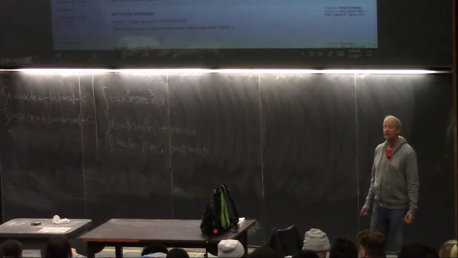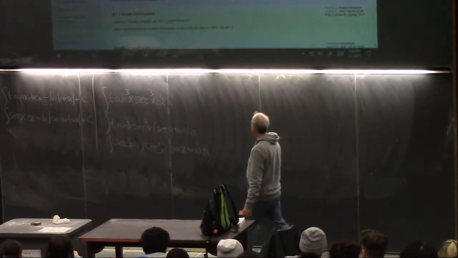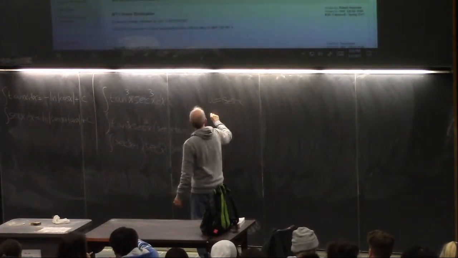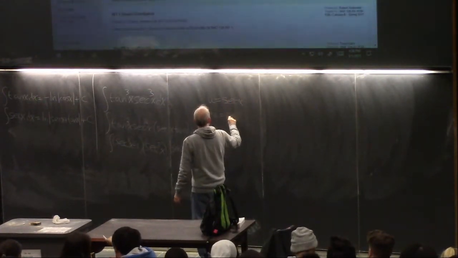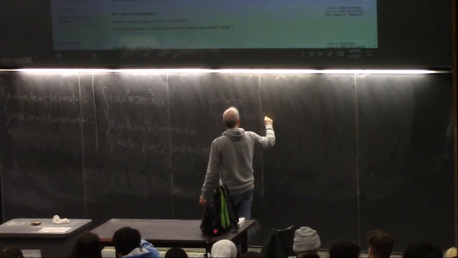So let u equal secant x, and du is going to be secant x tangent x dx.